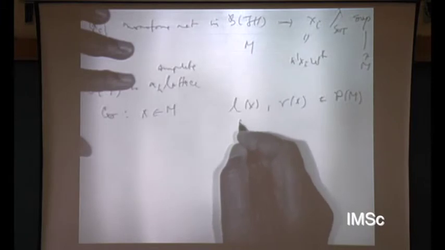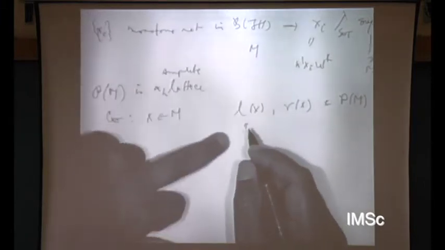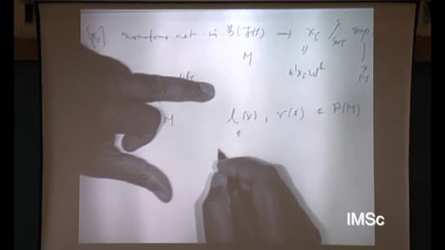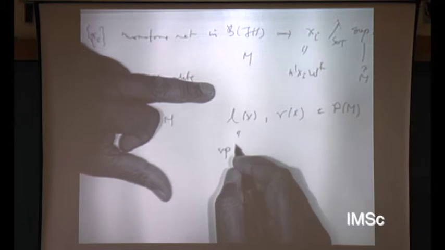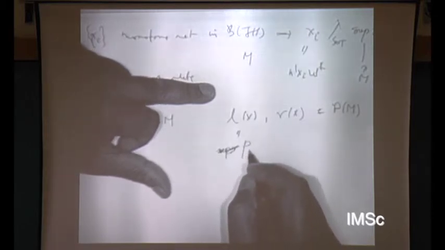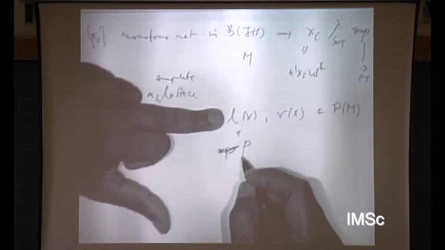Why? Because this is equal to nothing but the range projection. So let me introduce notation. I'll just write the range projection, or projection onto the range of X. What is this projection onto?